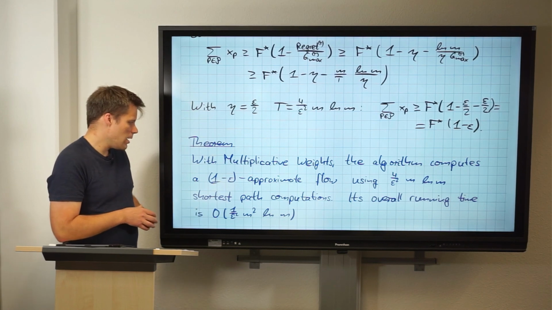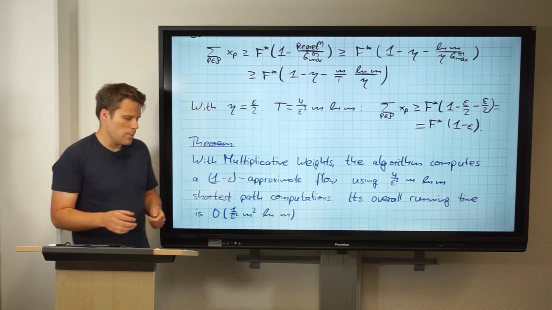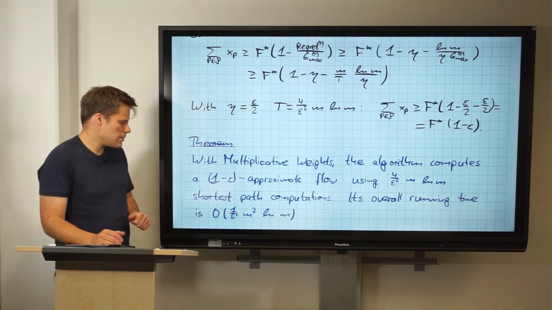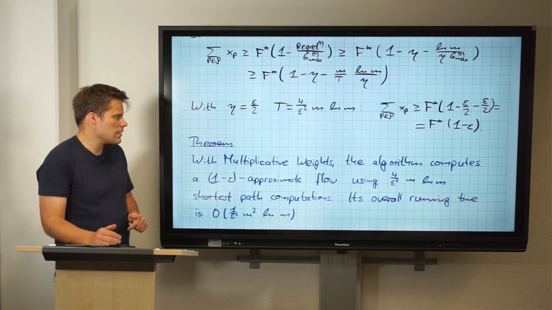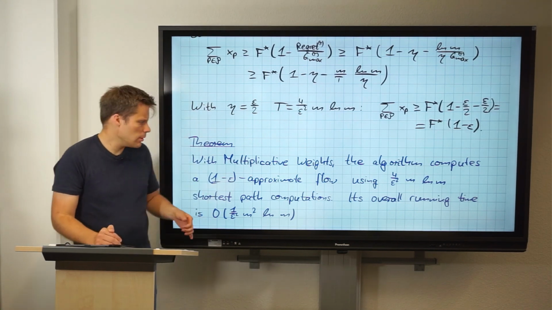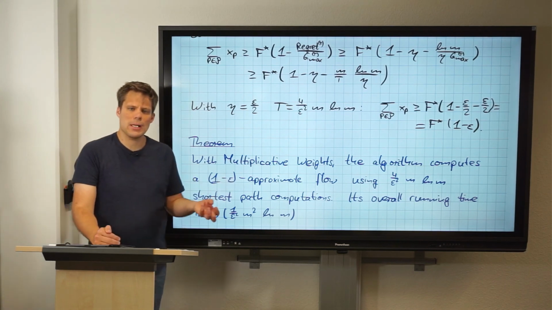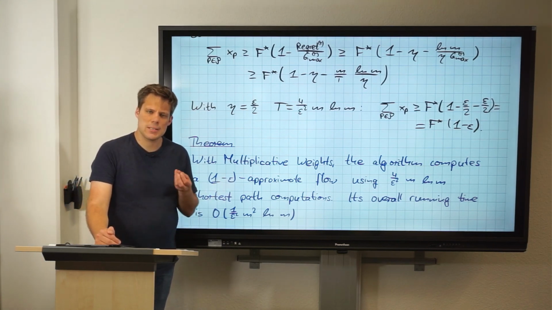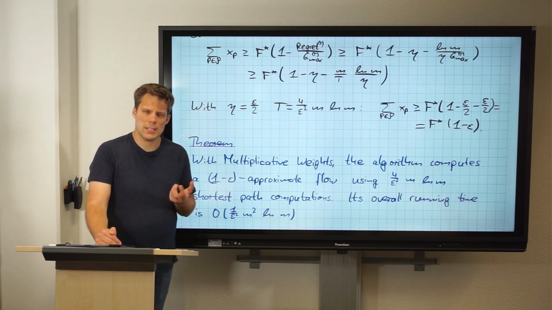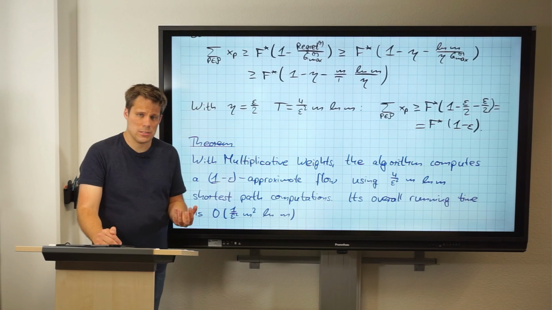We have now a 1 minus epsilon approximate flow algorithm with running time 1 over epsilon squared times m squared times ln m. And how did we get there? Well, this running time is mainly determined by how often we'll have to compute a maximum flow, because this is what dominates the running time of one iteration, of one of our capital T iterations.